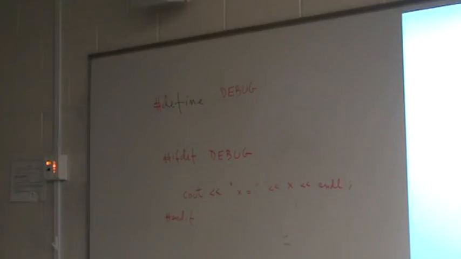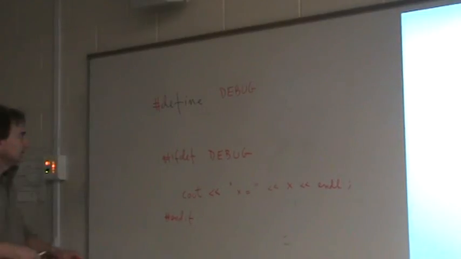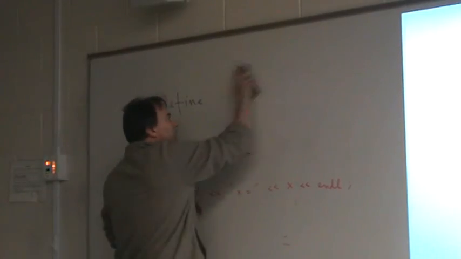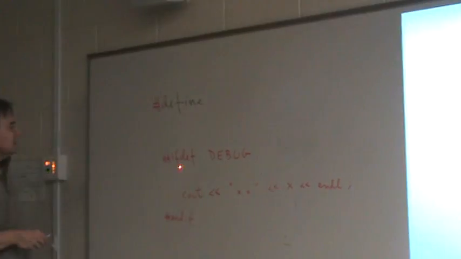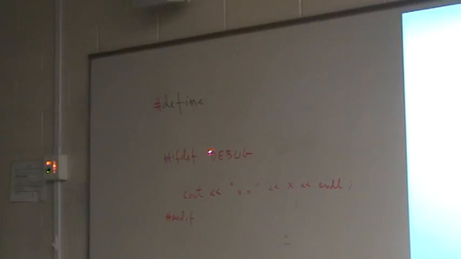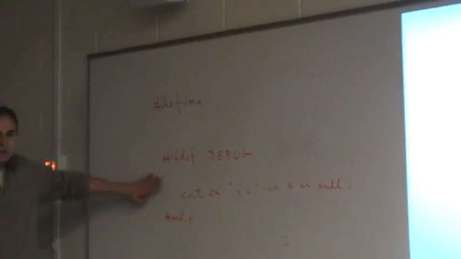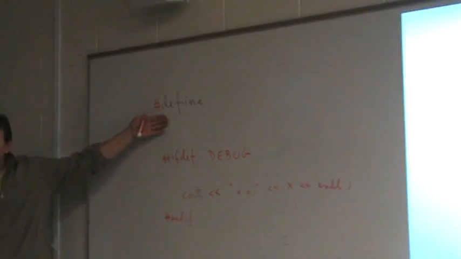If I erase this, then this conditional preprocessor check says false, and everything from here to here is eliminated from the compiler. So basically, I can just define this and undefine it.